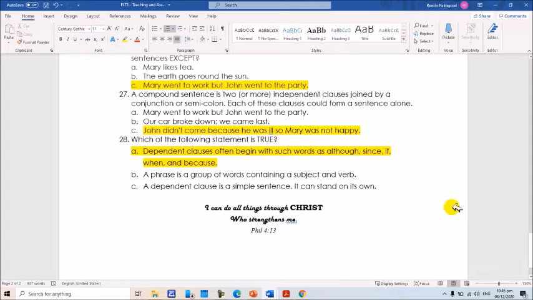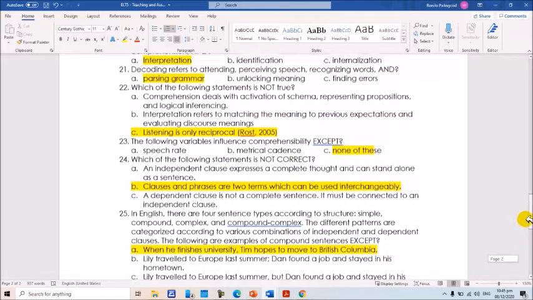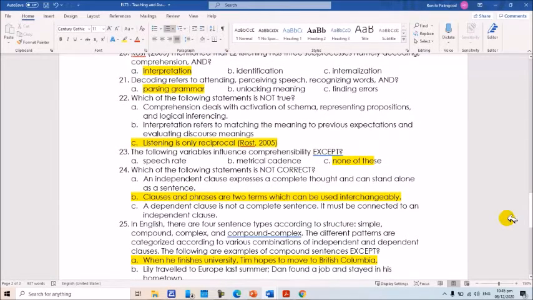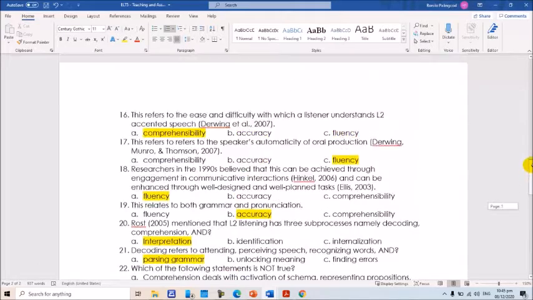So for you to pass this exam, you need to have at least 21 out of 28, since we all know that 75% of 28 is 21. So if your score is below 21, that means that you failed the exam and you need remediation on this. So I think we can start now reviewing.